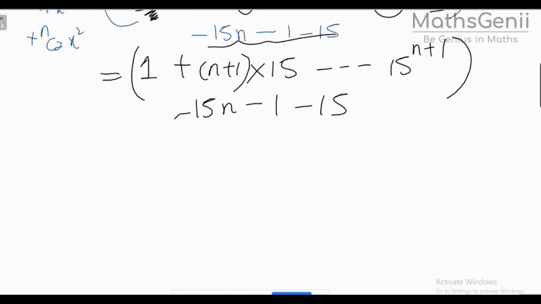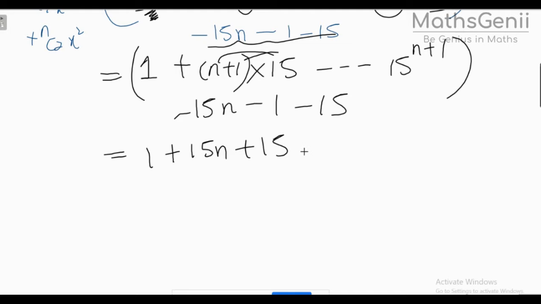Okay. Now let's solve this ahead. You have 1 plus 15n plus 15, because this I'm multiplying inside the bracket.